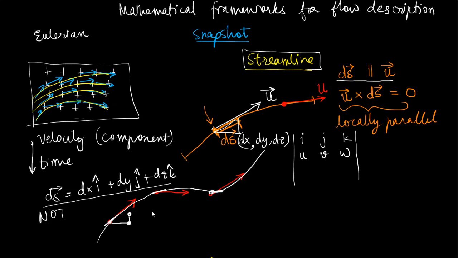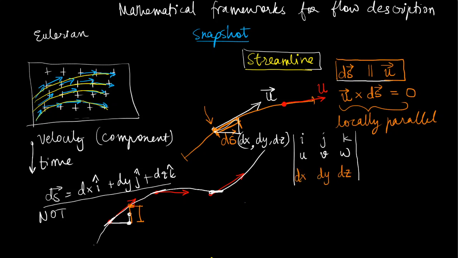In order for me to lie on this particular curve, dy must necessarily be this quantity. So dx, dy and dz are such that we will always lie on the curve, which satisfies this particular constraint. So let us proceed with the cross product.